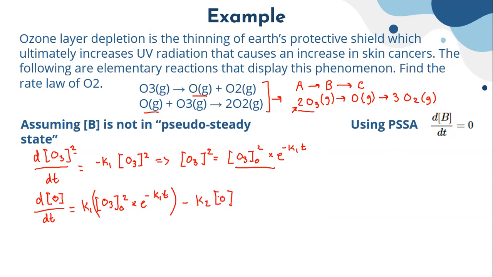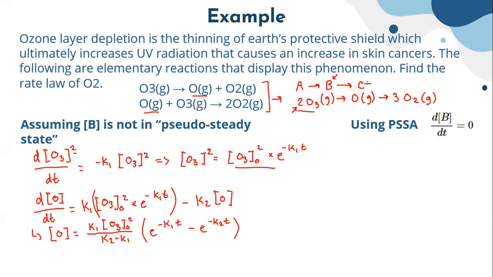And so we can manipulate this equation so that B, or just oxygen, is equal to K1 times A naught, which is O3 naught, over K2 minus K1, and this is all multiplied by exponential of negative K1 T minus exponential of negative K2 T, and this would be your B here.